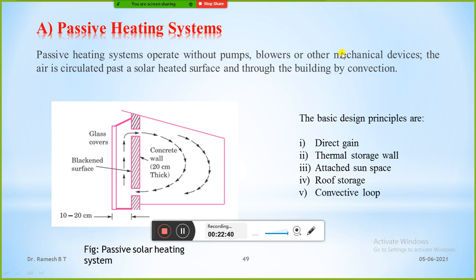This is the passive system. If we compare with active systems, passive solar thermal systems are more practical in locations where there is ample winter sunshine, meaning we get an ample supply of solar radiation, and unobstructed southern exposure, meaning we have to expose the entire system facing south.